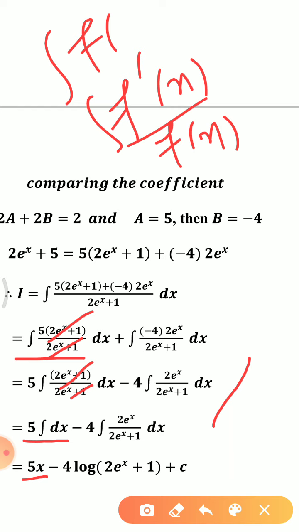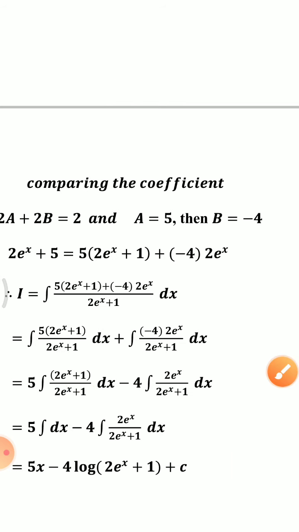That means minus 4 log of 2 e raised to x plus 1 plus c, because f of x is 2 e raised to x plus 1. That means the answer becomes 5x minus 4 log of 2 e raised to x plus 1 plus c. This is how you find the integration of the third question.